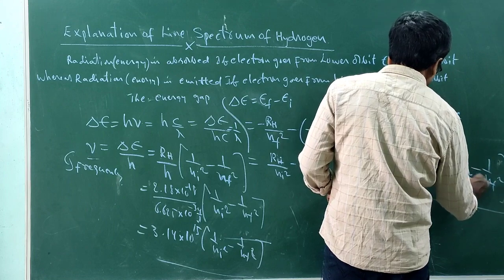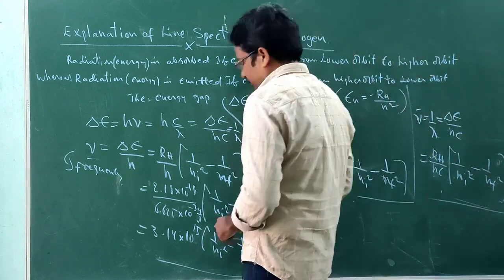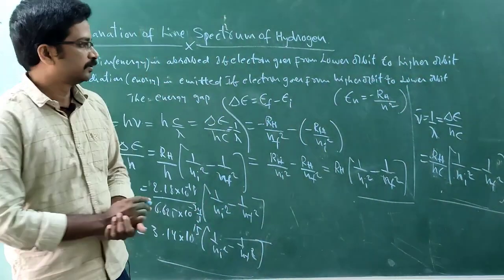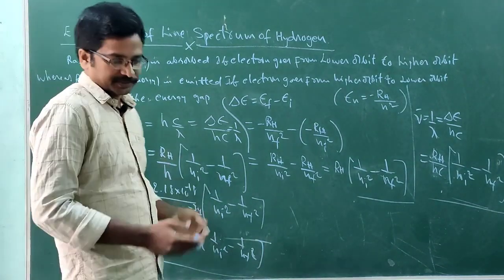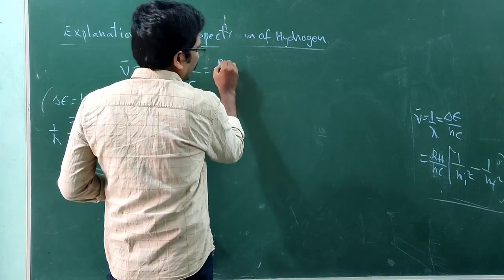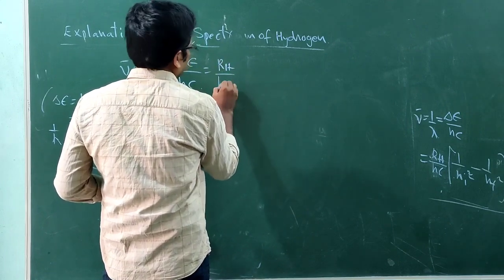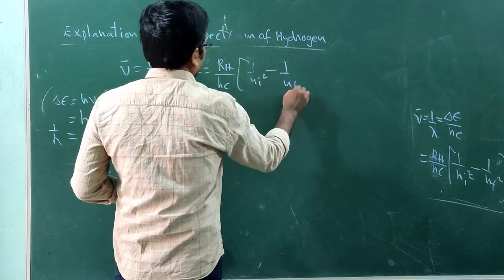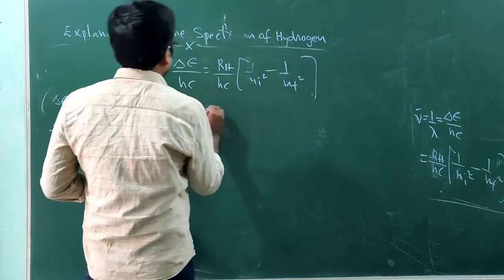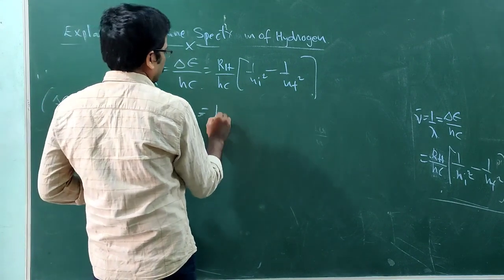This is the way you can write down 1 by lambda. Okay. Next point. You get RH by hc, 1 by Ni square minus 1 by Nf square.